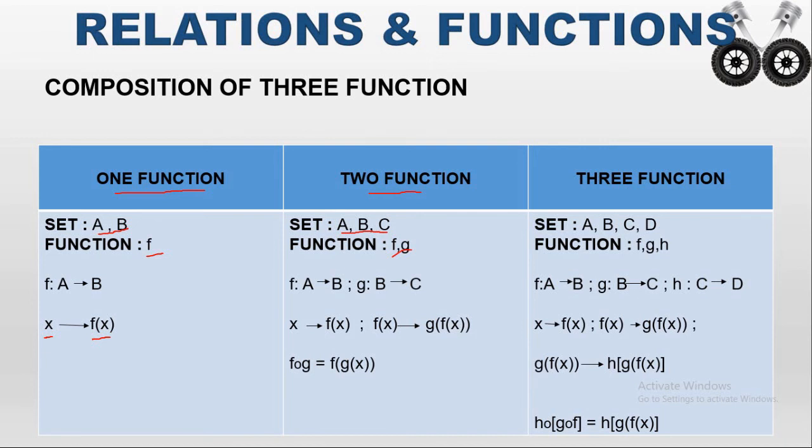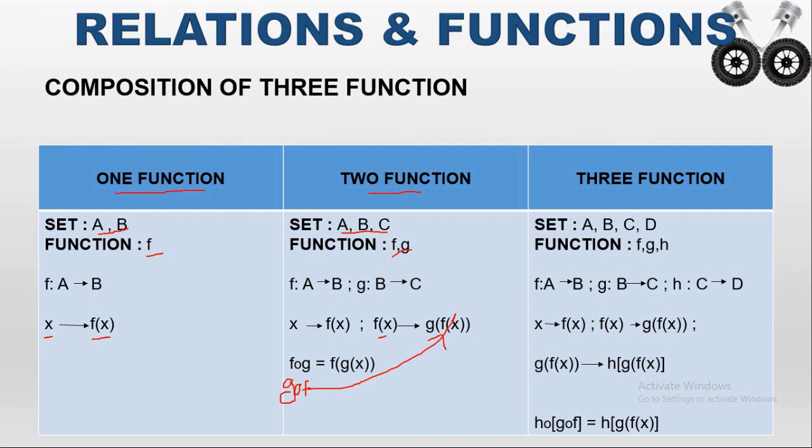The element in B. And whenever I apply the function G, the image can be written as G of F of X. So that can be written as F∘G equal to F of G of X. If I write G composition F, how can you write? G∘F can be written as G of F of X.